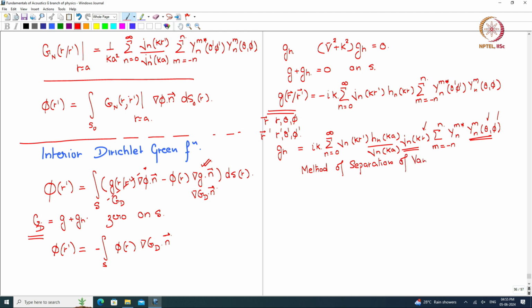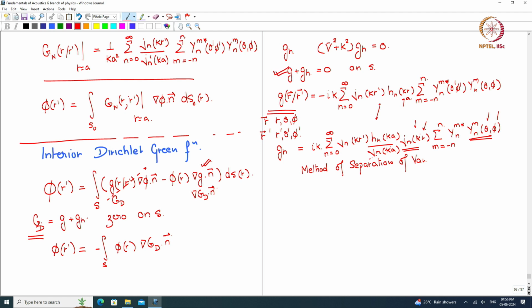Now you can see that when r is equal to a, this becomes a. When r is equal to a here, these two terms will cancel, this and that will cancel, and this will exactly be equal to that with a negative sign, so that this equation is satisfied.